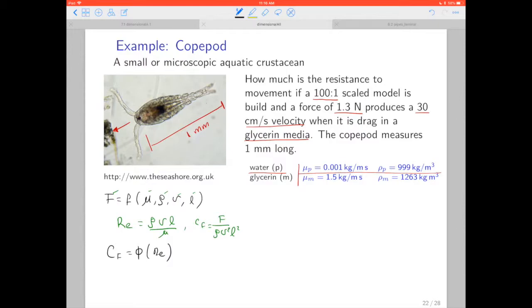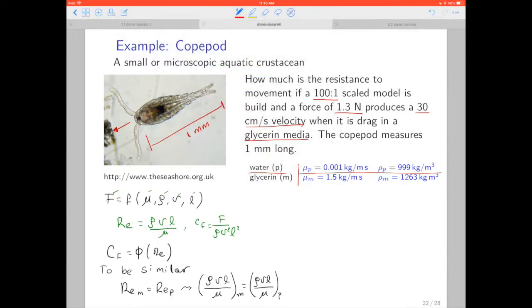So to be similar, what we need is that the Reynolds in the model be equal to the Reynolds in the prototype. So that is rho VL divided by mu in the model equal to rho VL divided by mu in the prototype.